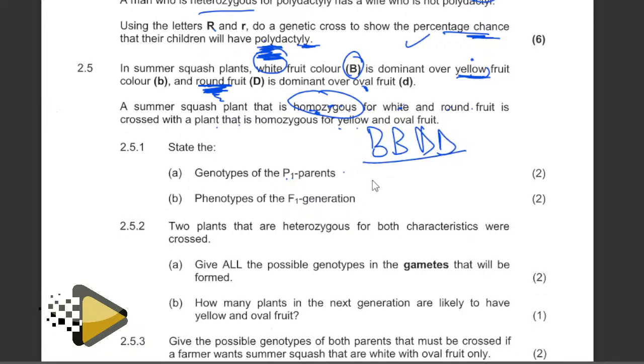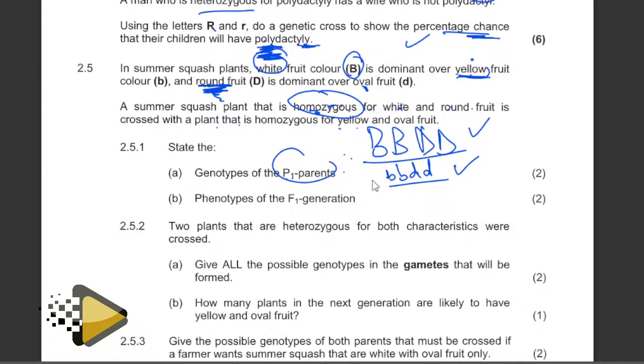So that is the first mark, and then the second mark is the cross with the homozygous yellow. Yellow we say is small b, and oval is small d. So that's the second mark. That's what they are looking at here.